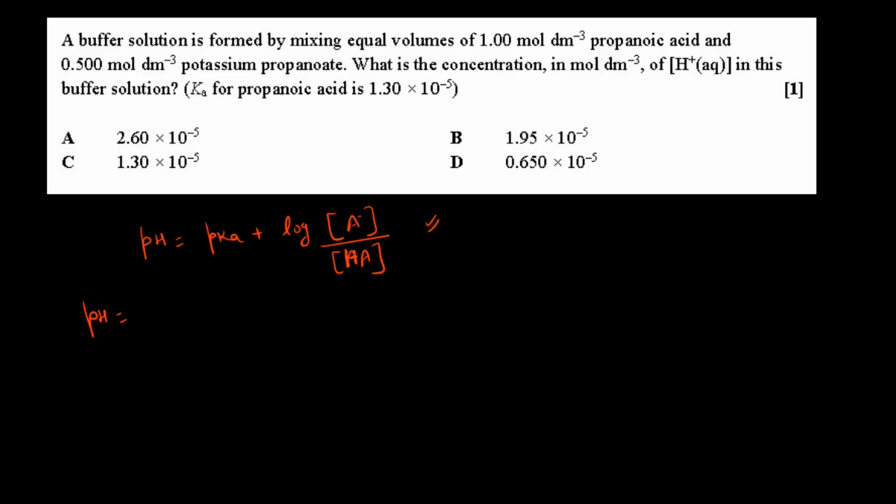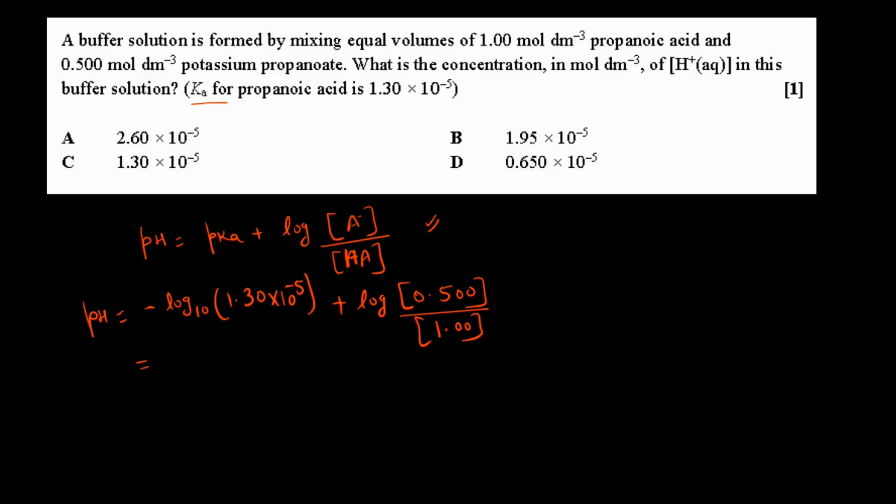pH equals pKa. How can we calculate pKa from the Ka value? From the Ka value, pKa will be minus log to the base 10 of Ka. Ka is given. So this plus log of the concentration of conjugate base, 0.500, divided by the concentration of acid, 1.00.